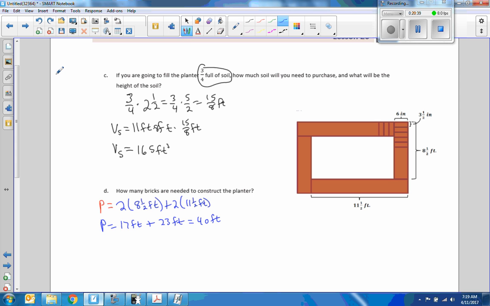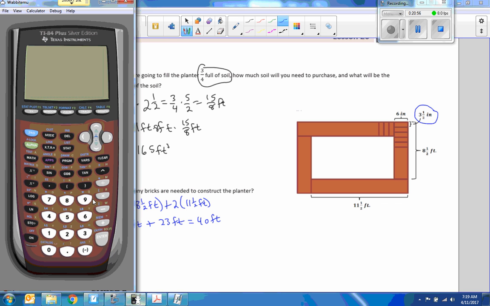So what I'm going to do is, first of all, I have to convert 3.5 inches to feet. So 3.5 inches is going to equal how much of a foot? Well, what do we divide by to get an inch? It's a 12th of a foot. So it's going to be 3.5 times 12.